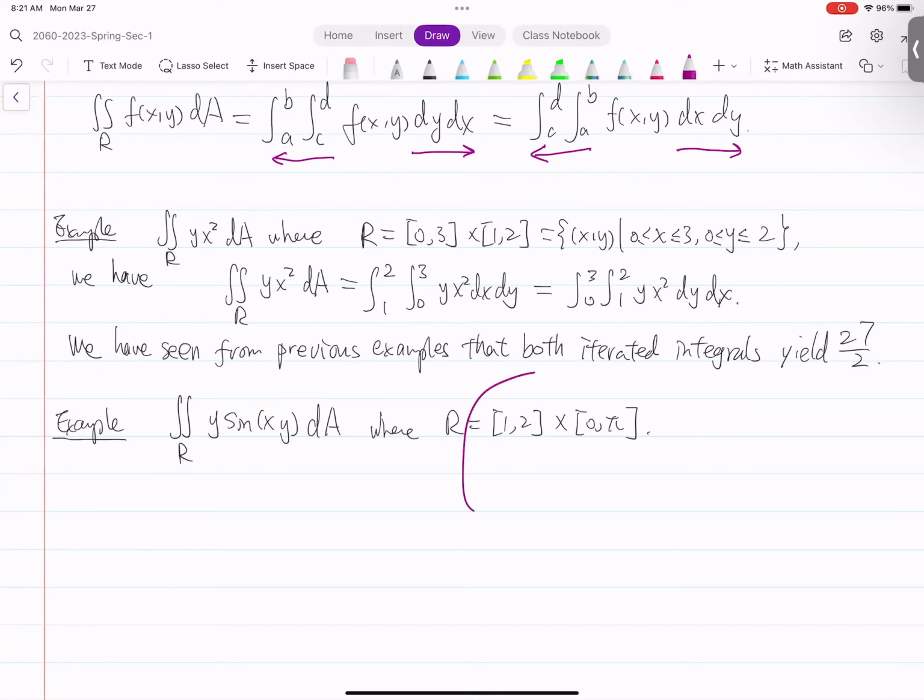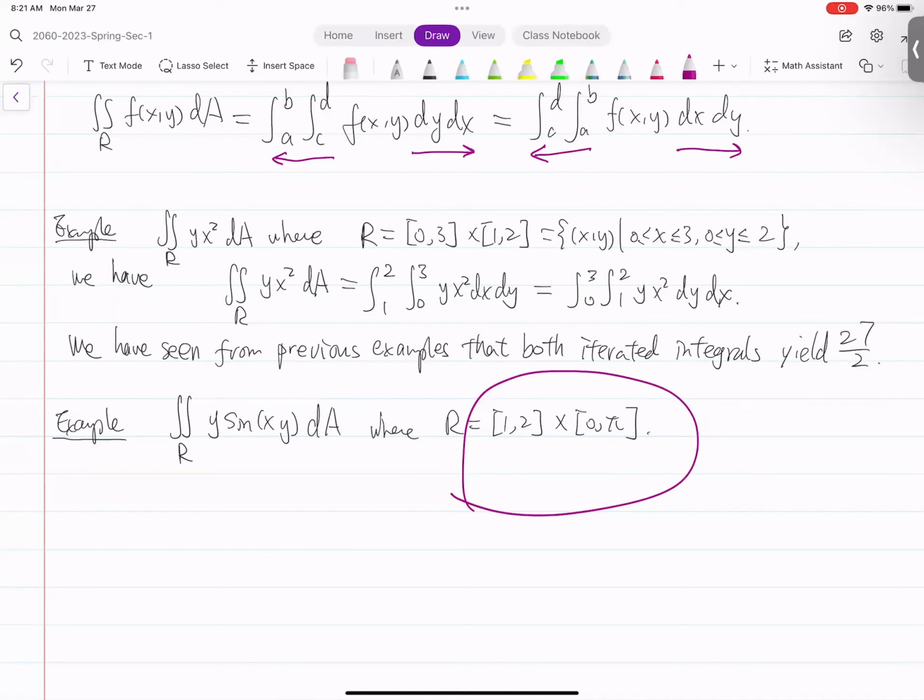Okay. One more thing before we start. Okay, so for this notation, if you read from this context, what's the range of x? X is between 1 and 2 or from 0 to pi.